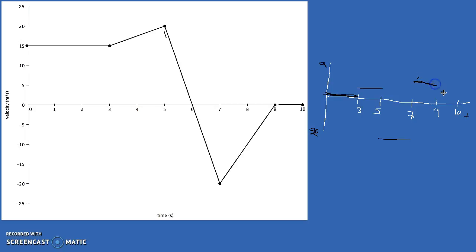Finally, at the last stretch, we have acceleration of 0. Notice that acceleration is negative when we have negative slope, acceleration is positive when we have positive slope, and acceleration is 0 when we have no slope.